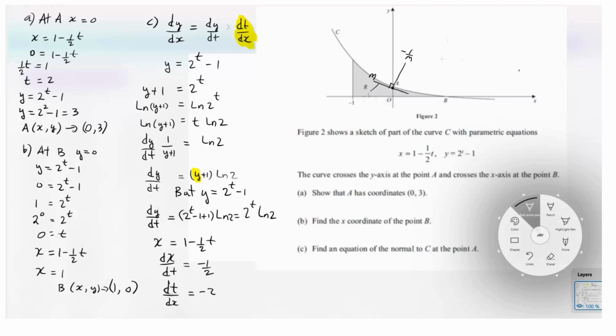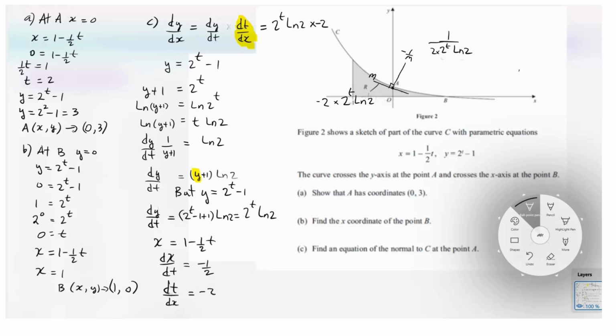So it means that here we have dy dt as 2 to the t natural log of 2 times dt dx, which is minus 2. So we can write then the gradient of the tangent is 2 to the t natural log of 2 times minus 2. Therefore, the gradient of the normal then is going to be 1 over 2 times 2 to the t natural log of 2.